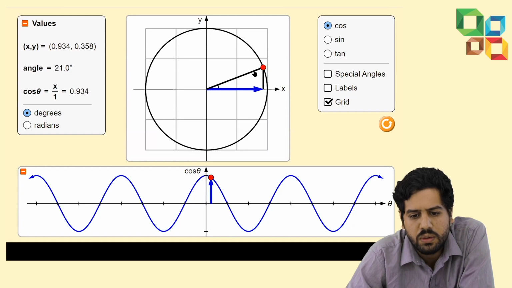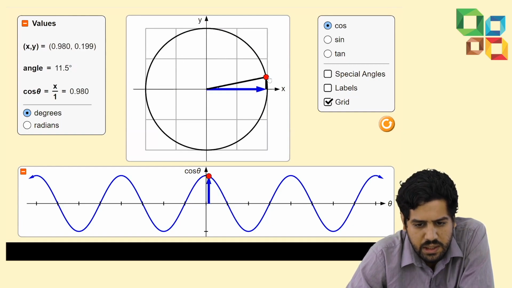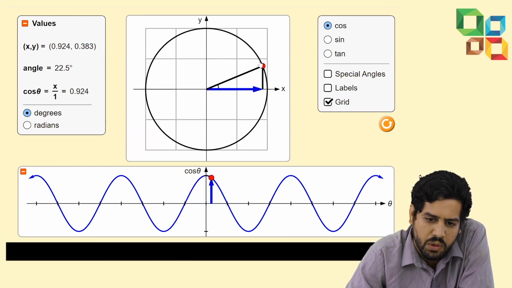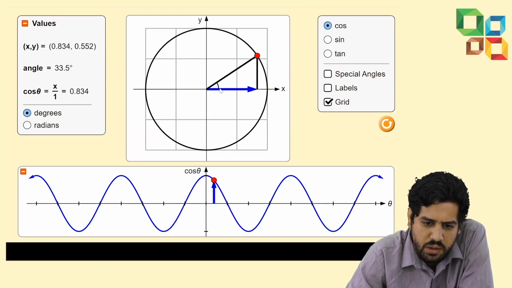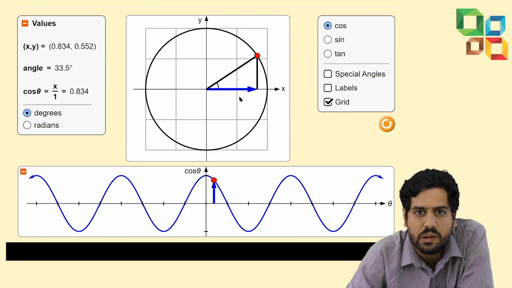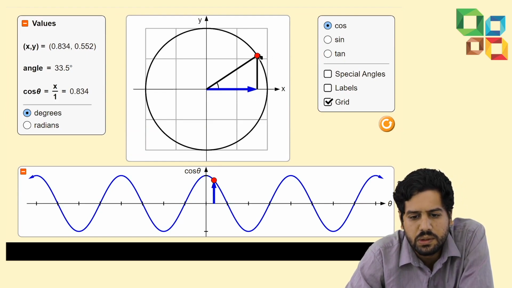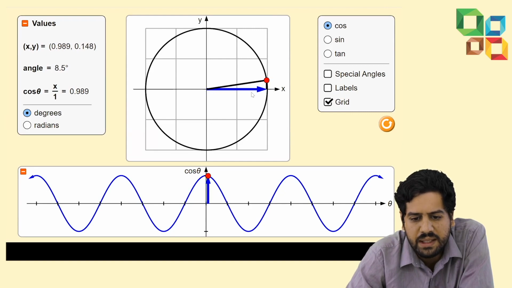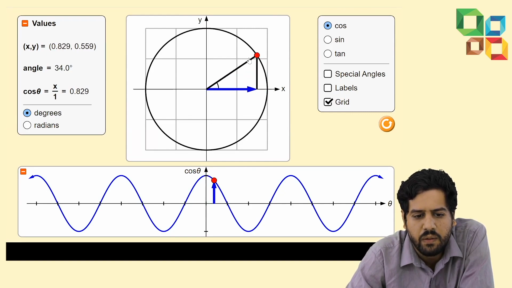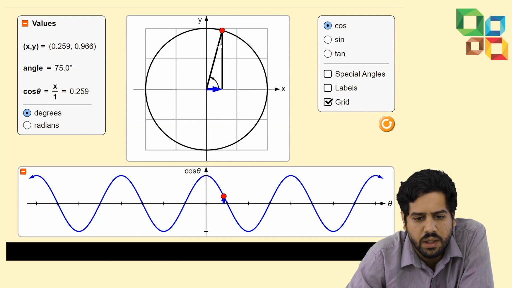First, we are looking at the cos value here, and the cos is nothing but this blue arrow. When we keep it at the extremum, the blue value is maximum and its value is 1. As we go from 0 degrees to 60 degrees, the value is decreasing, further decreasing, and becomes 0.